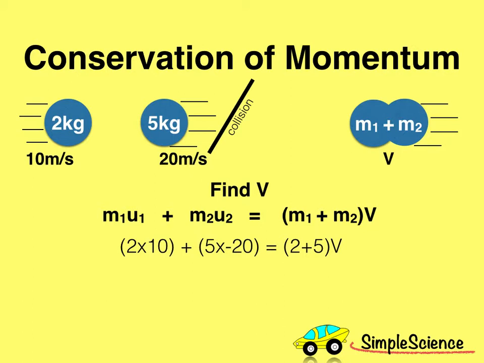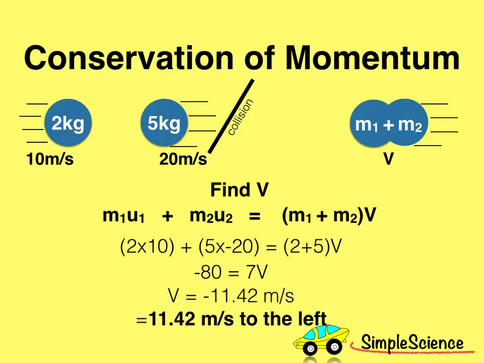And m1 plus m2 is basically the sum of the masses before collision, that is 2 plus 5, and then multiply it by the speed of the combined particle. And that gives you minus 80 is equal to 7v, and v is about minus 11.42 meters per second, which is 11.42 meters per second to the left.